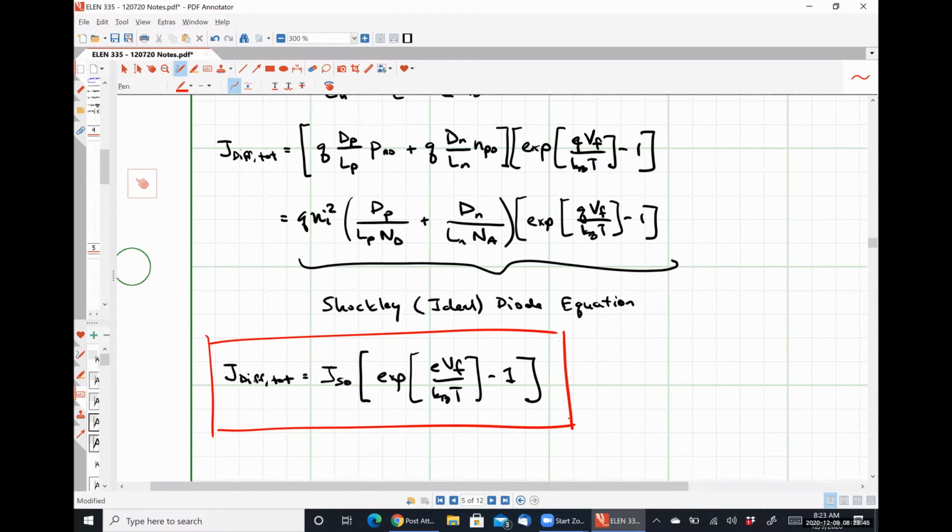So this is the ideal diode equation that we're going to be using throughout this class.